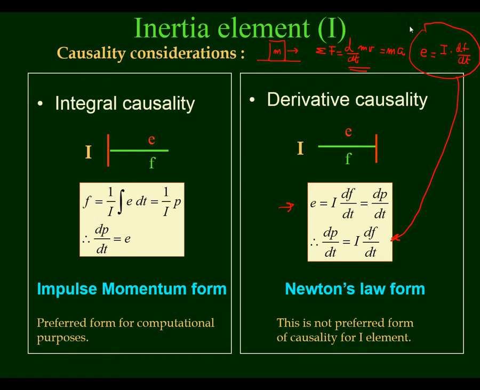If you have this equation here, and we don't want to have it in terms of the derivative form, you can write, if you have that E is equal to I times df/dt, what you have to do is integrate both sides.